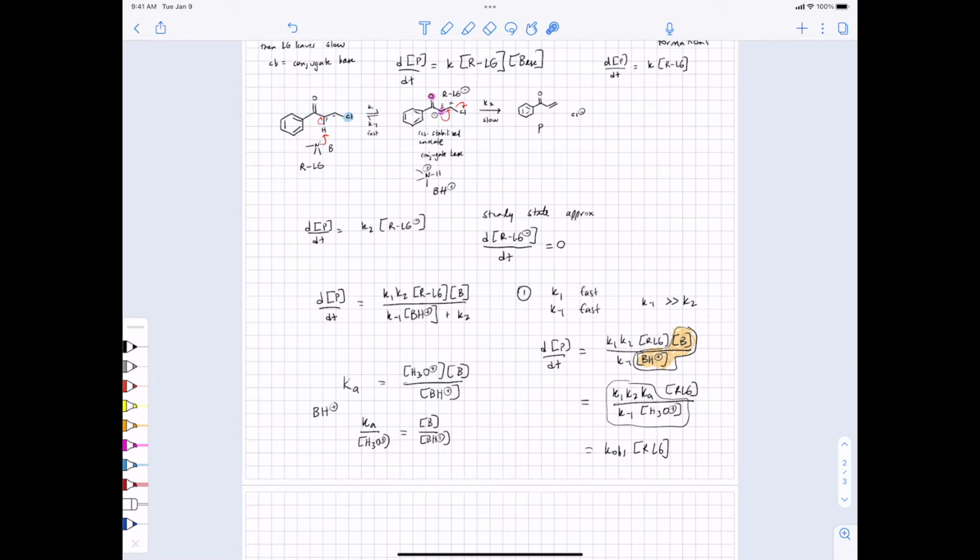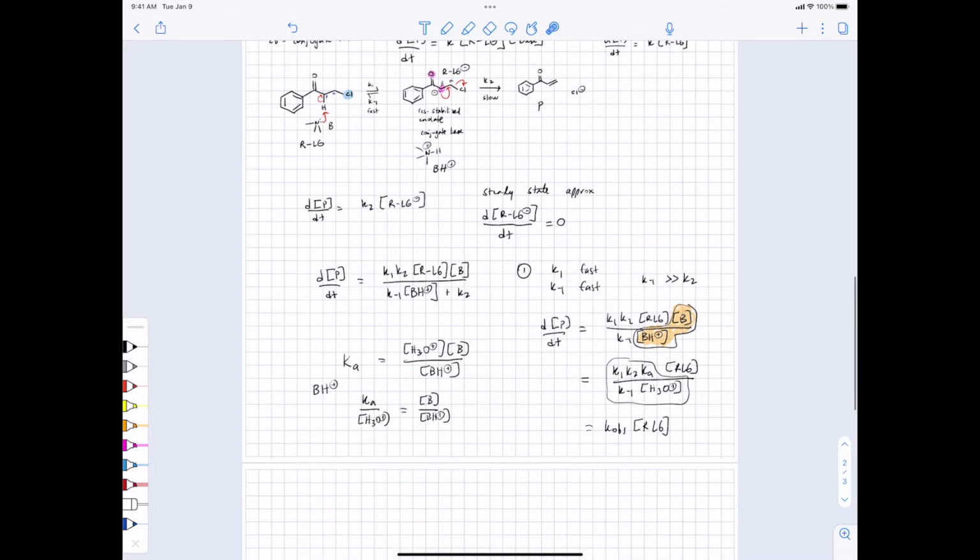Okay, that's the classic E1CB mechanism. If your protonation and deprotonation are really fast relative to this step, then you're going to see basically unimolecular kinetics, and it's going to look kinetically like a regular E1 reaction, even though you know, based on the fact that you've put in base, that that's not what happened.